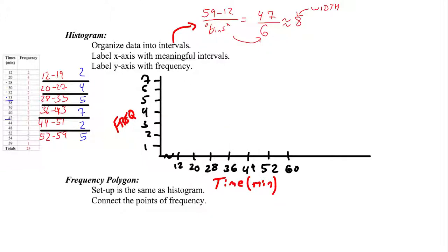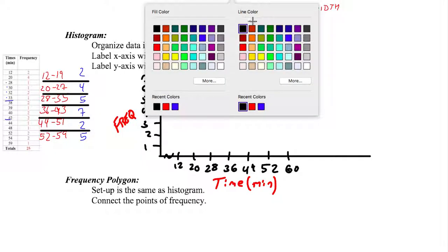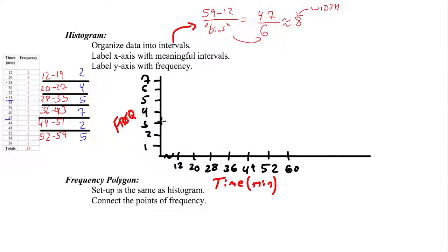Okay, so I'm going to make my little bars. And I'm going to make a line color around these just so we can see how they're different. All right, so the first one is from 12 to 19. So I'm going to go up to 2, and I'm going to extend this over to 20.